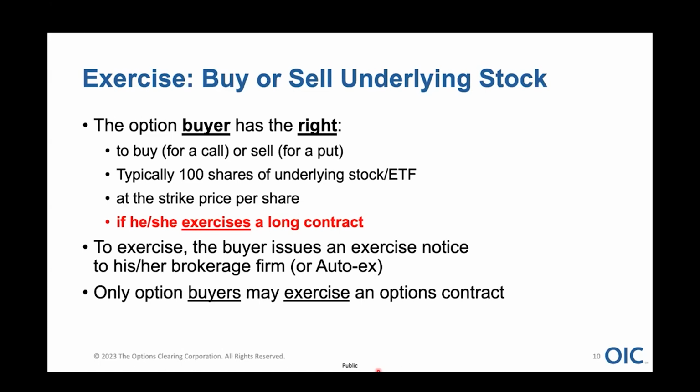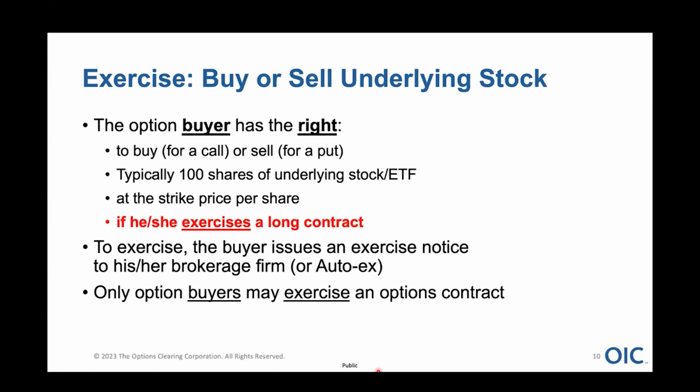By exercising a contract early, you're going to be foregoing some time premium or extrinsic value. We'll get into that in a few slides, but you're going to be foregoing some of that option premium by exercising early. So there has to be an economic incentive for you to exercise early.